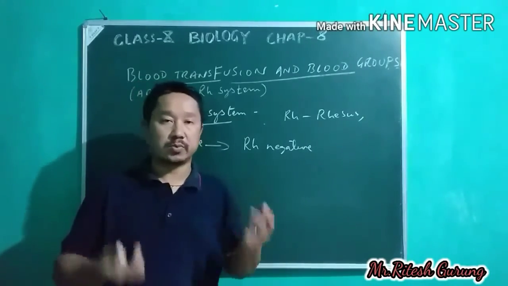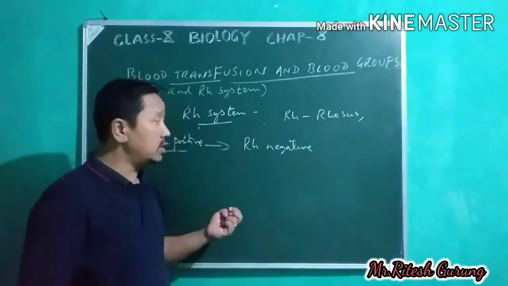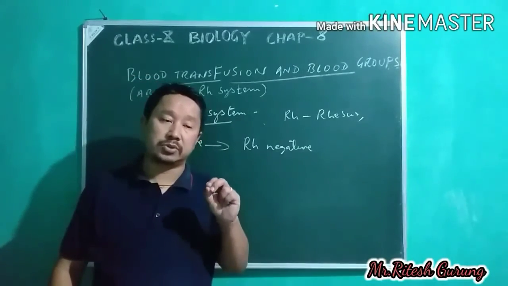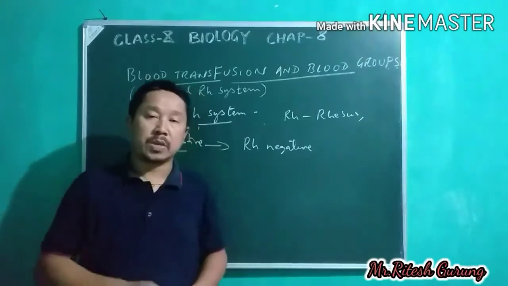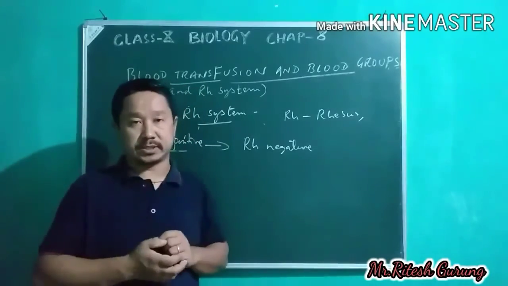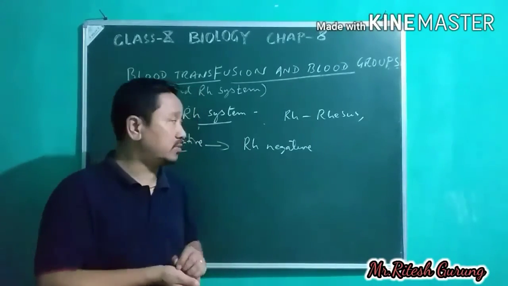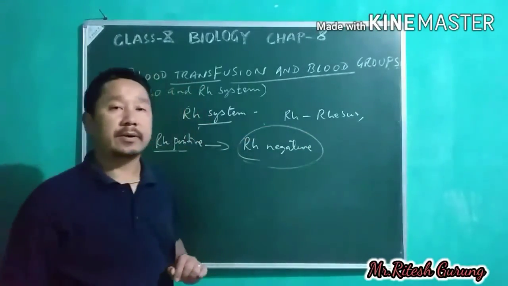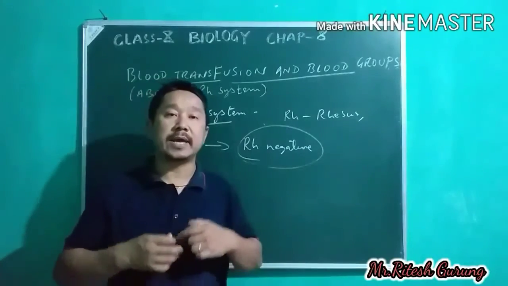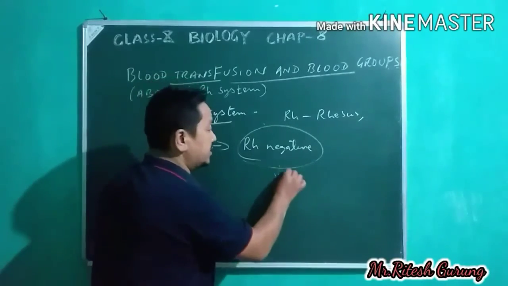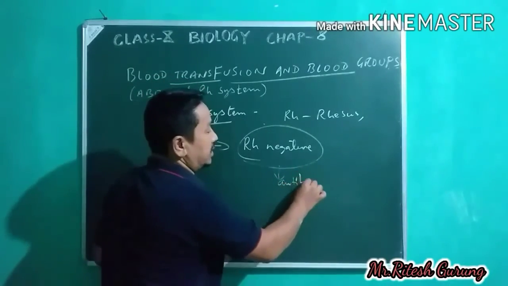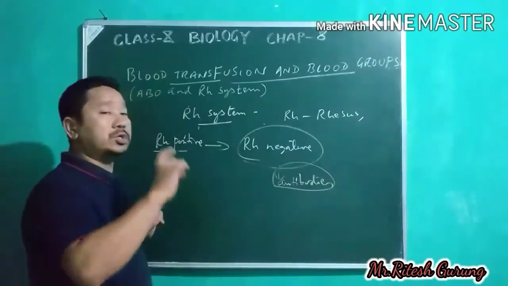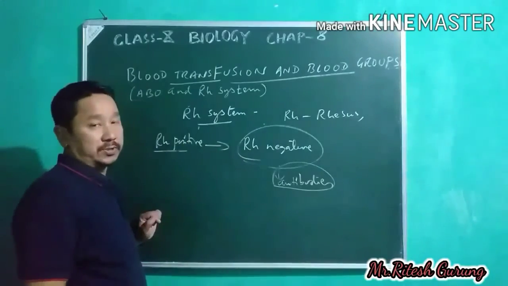There is no problem, the normal blood transfusion will be there. But after about 2 weeks of the blood transfusion, this person develops a kind of antibodies in his blood.